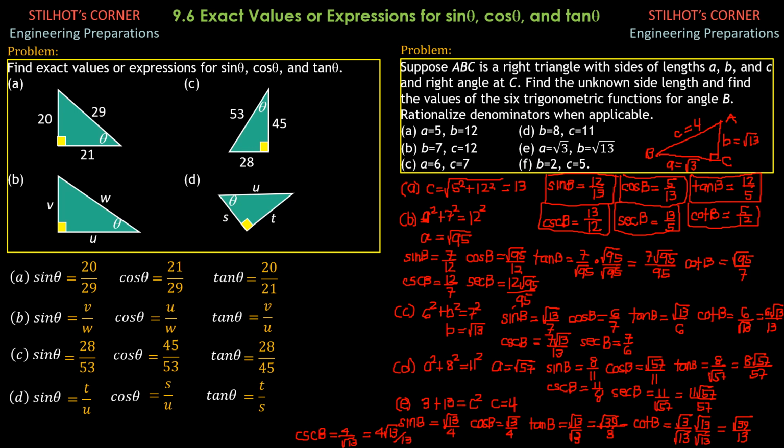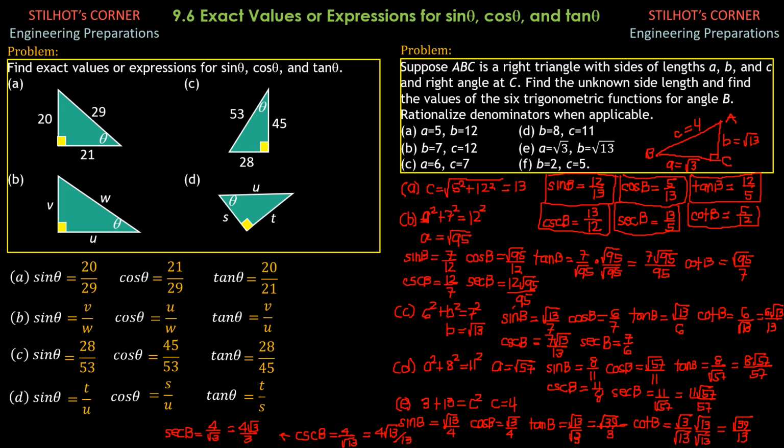Then reciprocal of cosine is secant of B, which is 4 over square root of 3. Then after we multiply square root of 3 over square root of 3, it is 4 square root of 3 over 3. So that's secant of B.